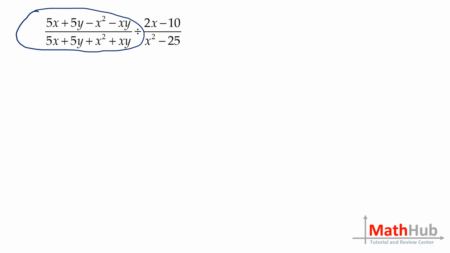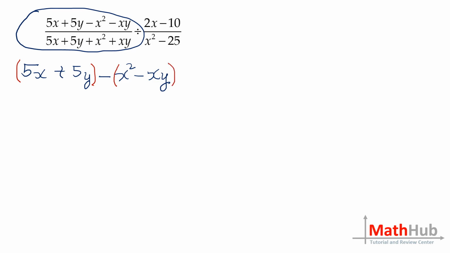Let's first factor 5x plus 5y minus x squared minus xy. So I will now group the first two terms, 5x and 5y, and then x squared minus xy.